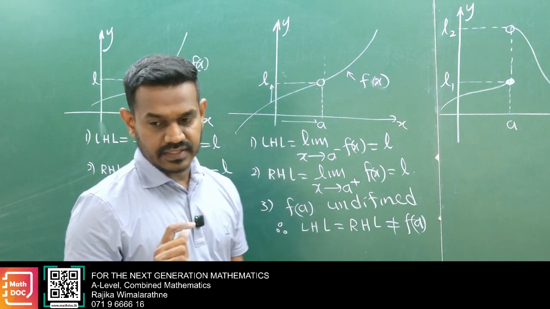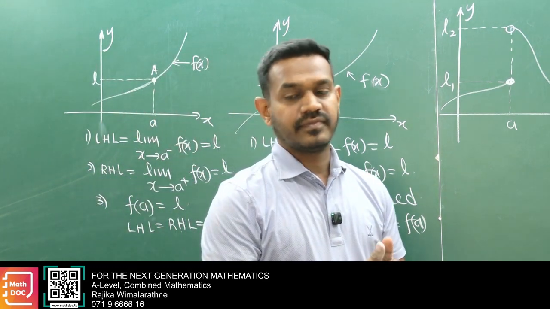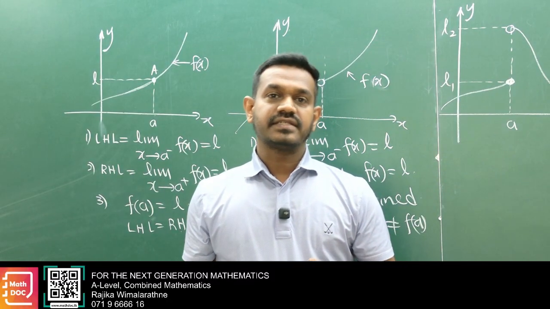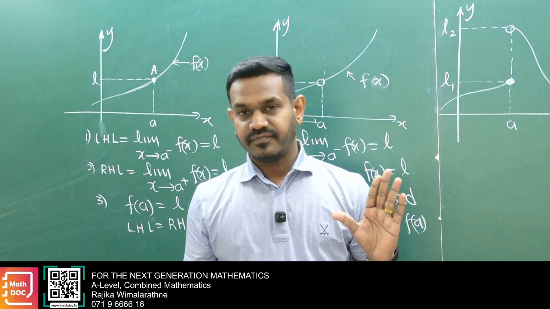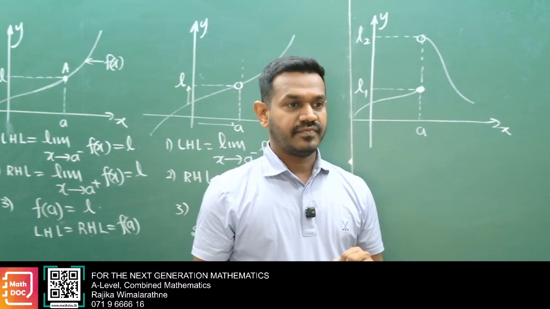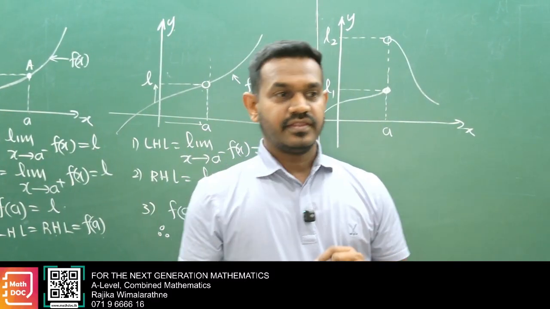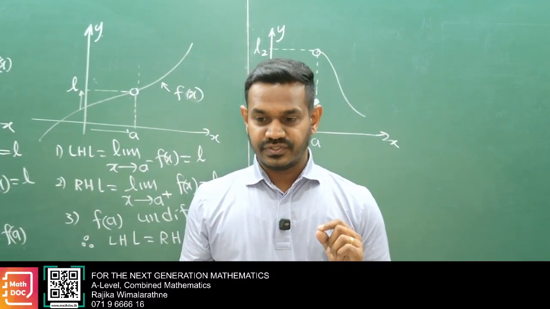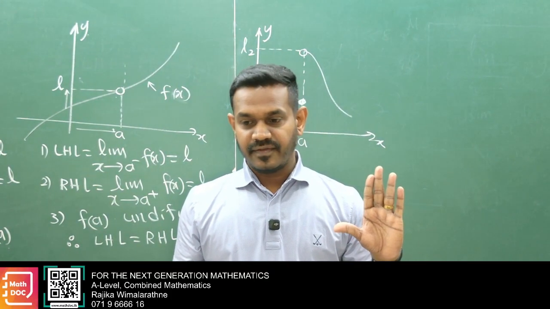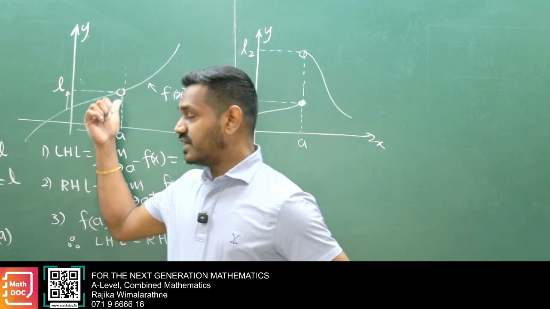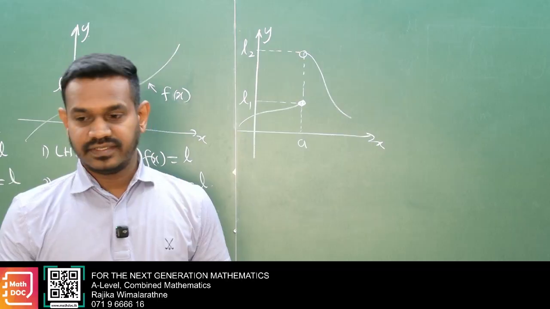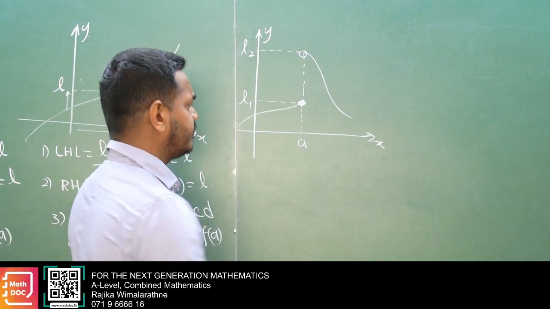But it is not continuous at x equals a. The function exists a limit as x goes to a, but it is not continuous at x equals a. So here we discuss only about that point, not about all. We discuss only about that point, that's it.